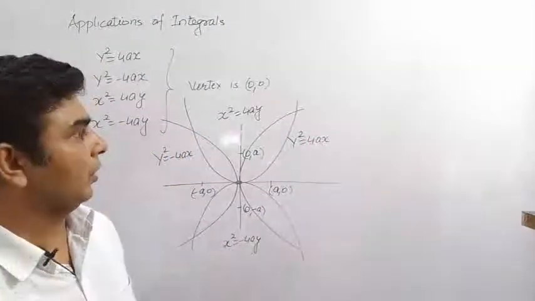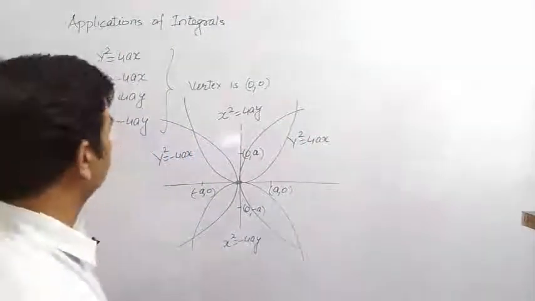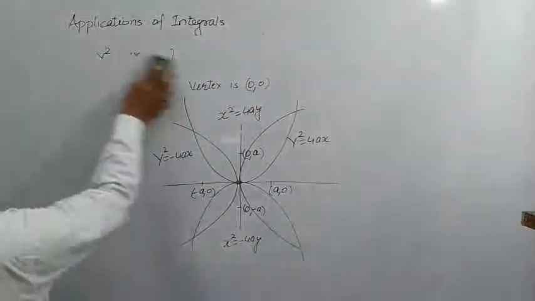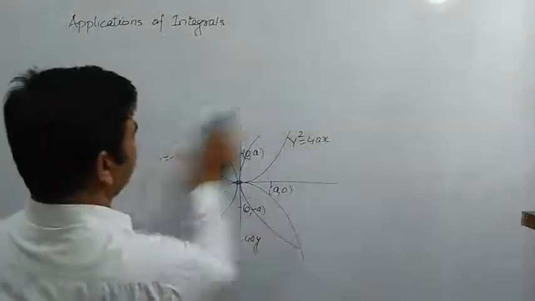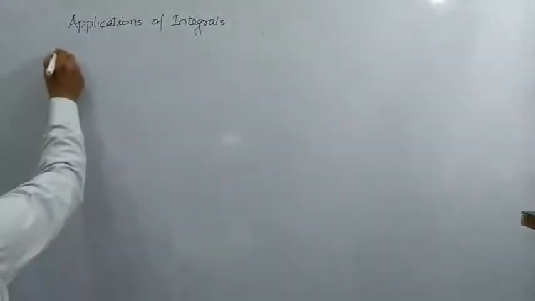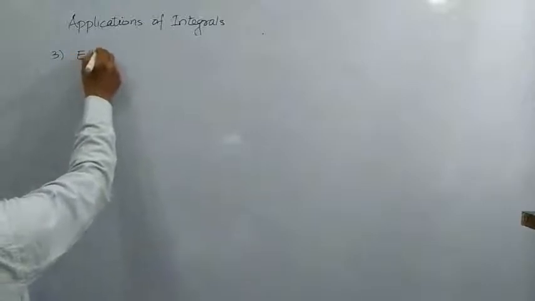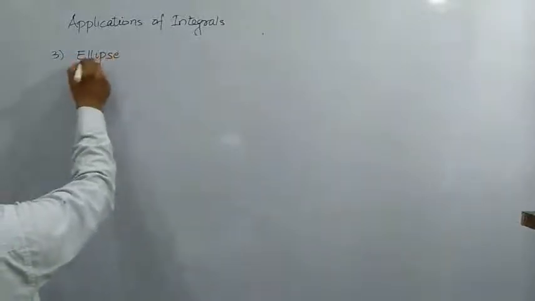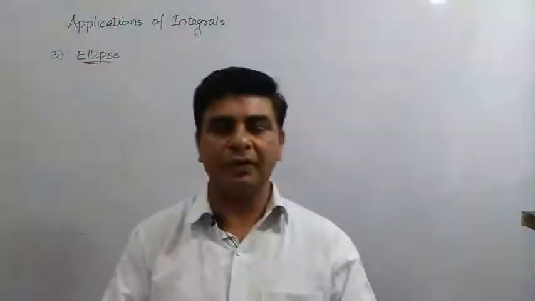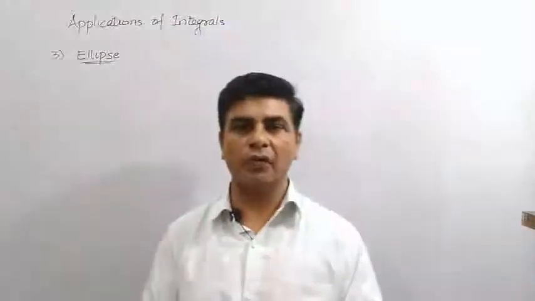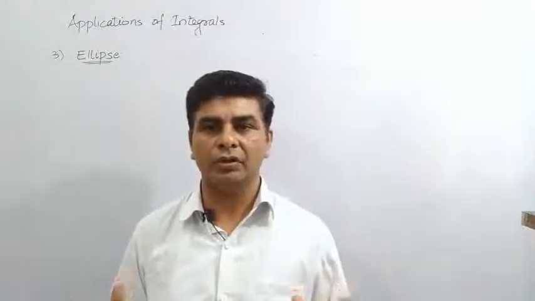The next is the ellipse. The third symmetric, or curved shape, figure is the ellipse. Number 3 is the ellipse. An ellipse is a figure in which we have two foci and two directrices.